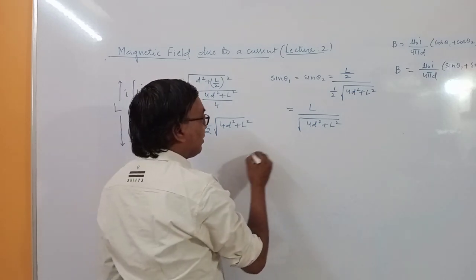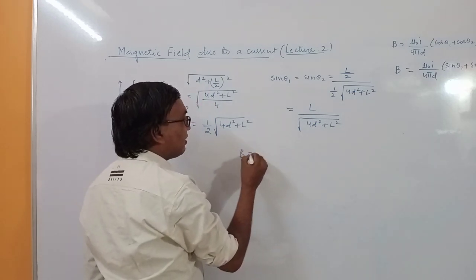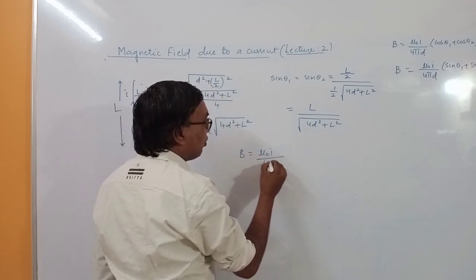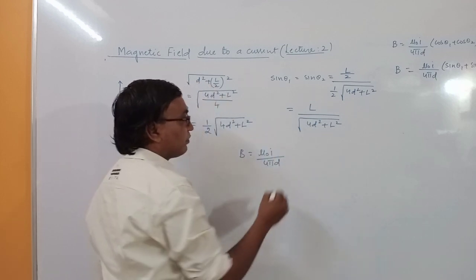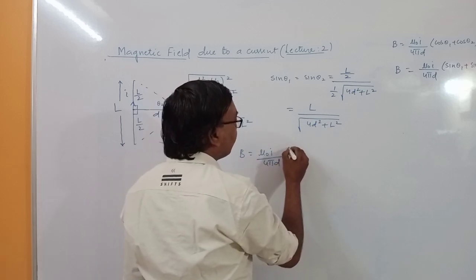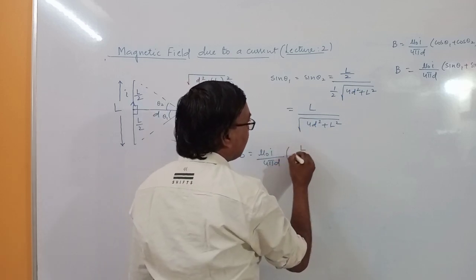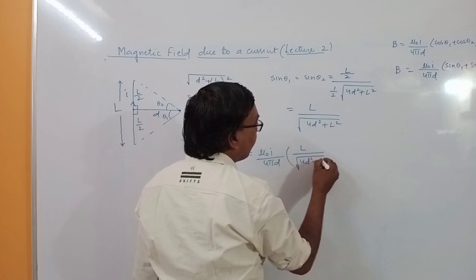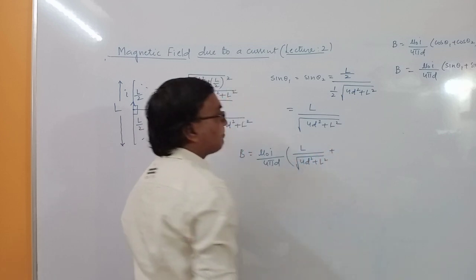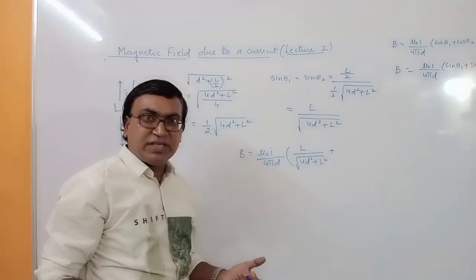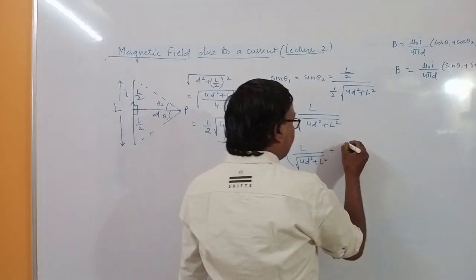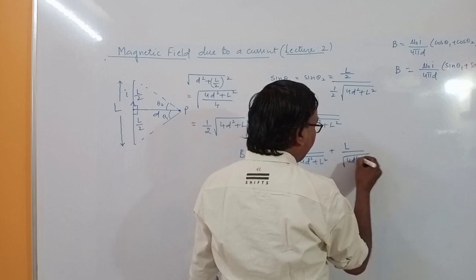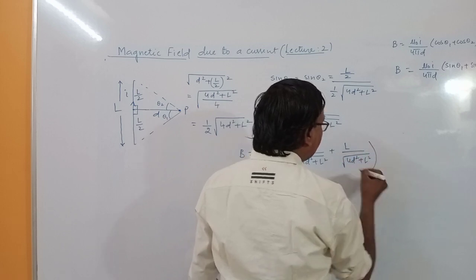Now we'll put these values in the formula. So B is equal to mu naught I upon 4 pi d into sin theta 1, L upon root of 4d square plus L square, plus sin theta 2, which also has the same value, L upon root of 4d square plus L square.